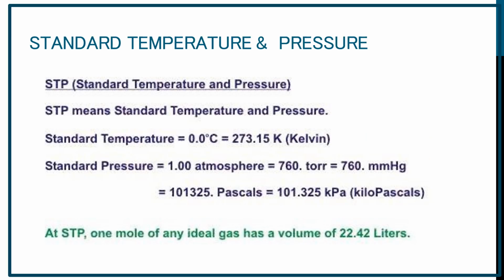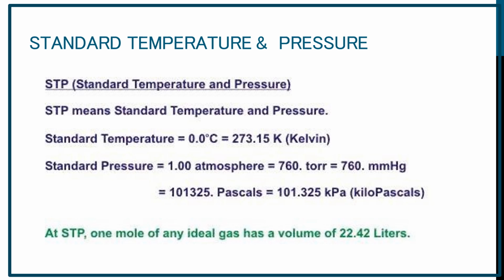Okay, next we look at the standard temperature and pressure. STP in chemistry is the abbreviation for standard temperature and pressure. STP is most commonly used when performing calculations on gases such as gas density.